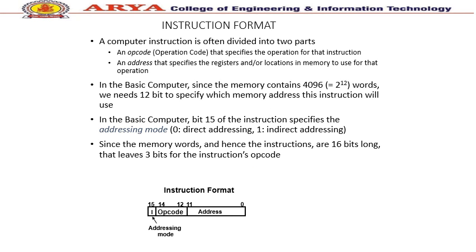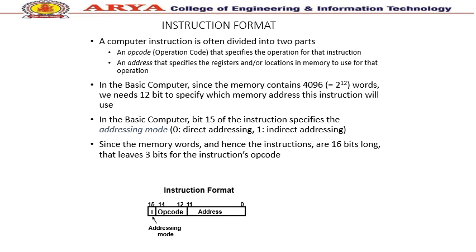What is instruction format? A computer instruction is often divided into two parts. First, the opcode that specifies the operation for that instruction. Second, the address that specifies the register and location in memory to use for that operation. In the basic computer, since the memory contains 4096 words, we need 12 bits to specify which memory address this instruction will use.